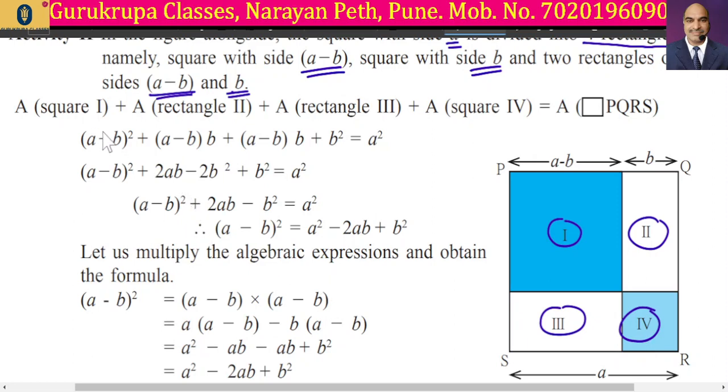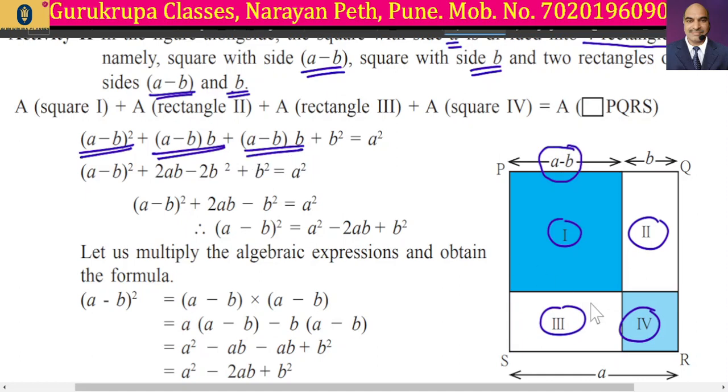So therefore, the first one, if you look here, is a square having side A minus B. So we get here A minus B square. Second rectangle has sides A minus B and B. So secondly we get L into B, A minus B into B. For third, it is A minus B into B again.